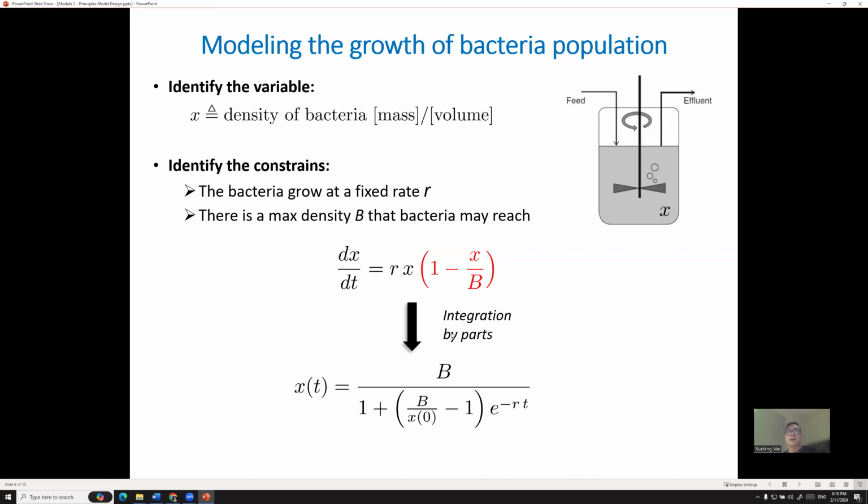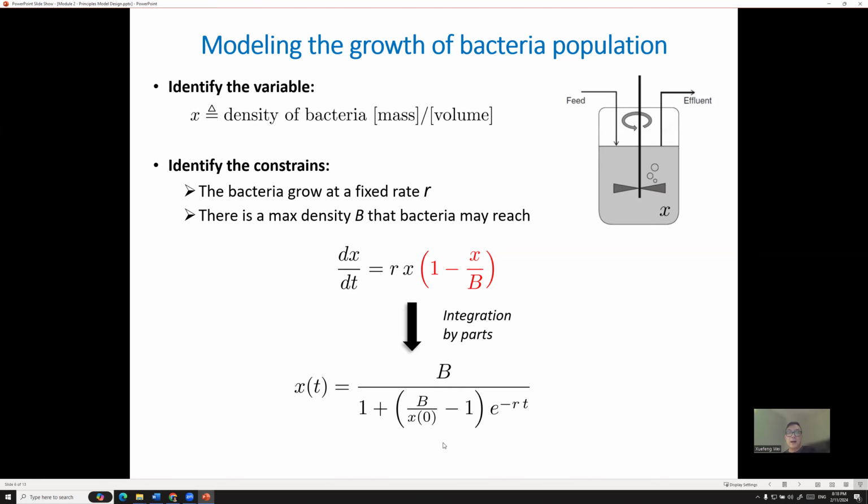We can use integration by parts and we can get the solution, so this is an analytical solution. As you can see, when t goes to infinity, this term here becomes 0, and then x when t goes to infinity equals b.